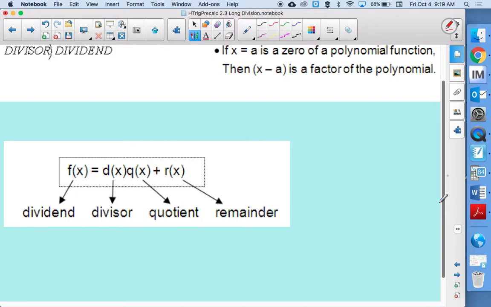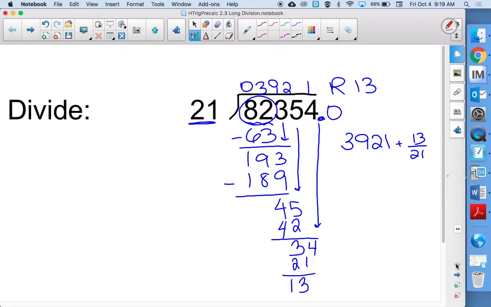If there's a remainder, that's the addition part that I added to it, because I should be able to FOIL and get back to the polynomial. Just like when we're dividing, we should be able to multiply to get back to our original problem. So FOILing is multiplying, except now we're looking at x's instead of just multiplying numbers together. But I should be able to multiply these two together, add 13, and get back to 82,354.